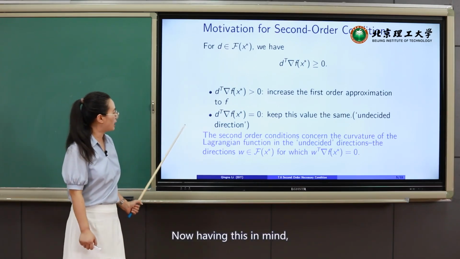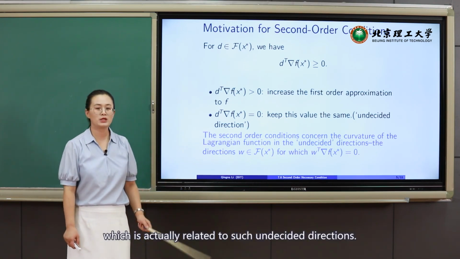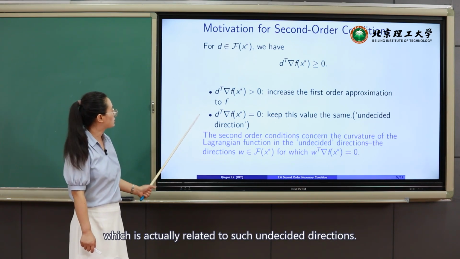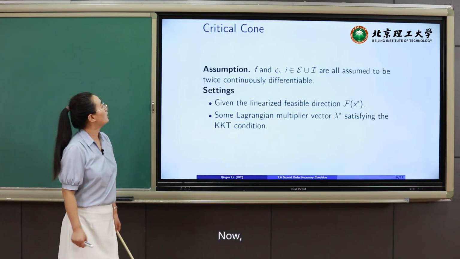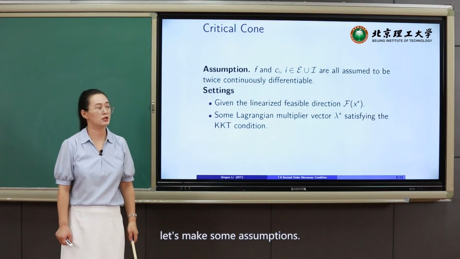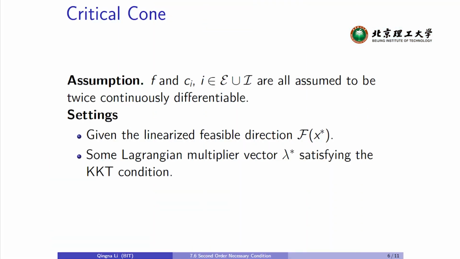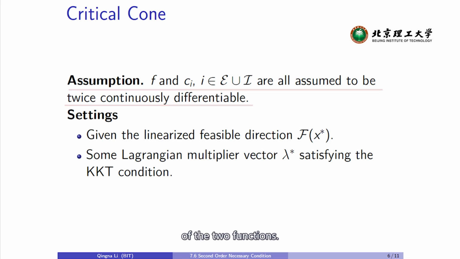Having this in mind, we will define the critical cone, which is related to such undecided directions. To present the critical cone, let's make some assumptions. We assume that the function f and the constraints are twice continuously differentiable, because we need to use the second-order information of the functions.